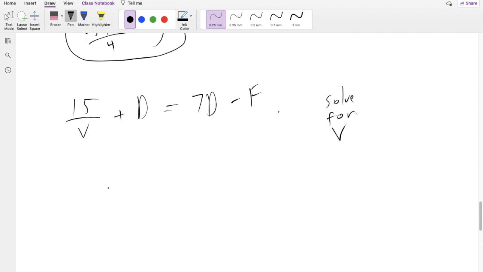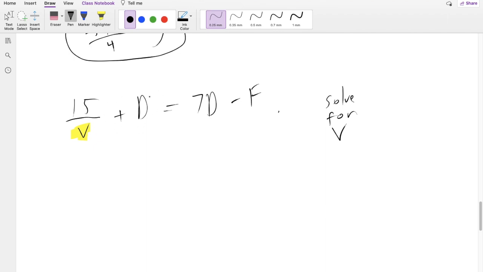So let's look at another problem. Here we have 15 over v plus d equals 7d minus f, and we're asked to solve for v. So I need to solve for this v. Before I can deal with this fraction, before I can deal with the division, I have something being added or subtracted.